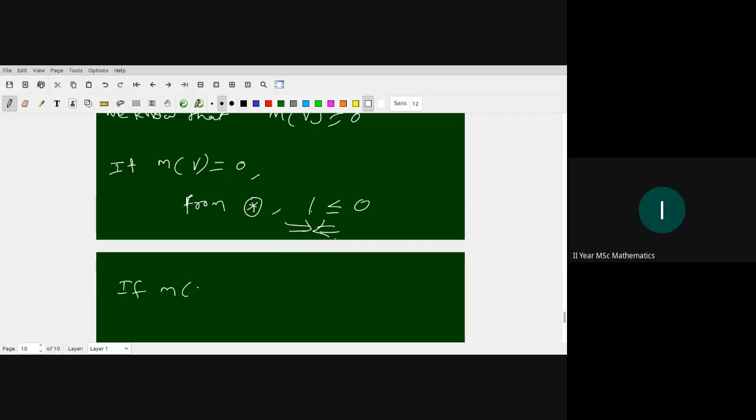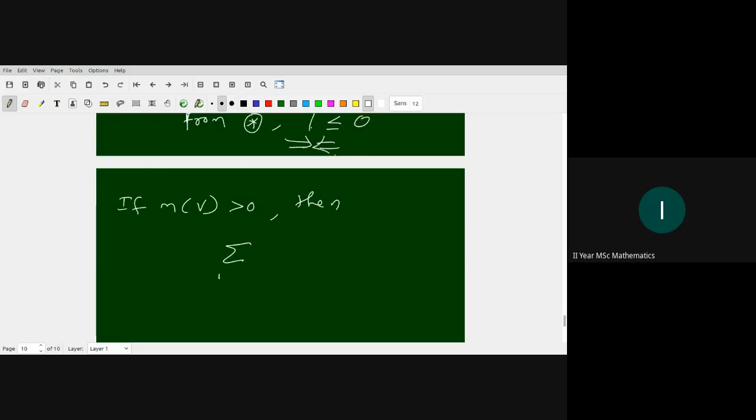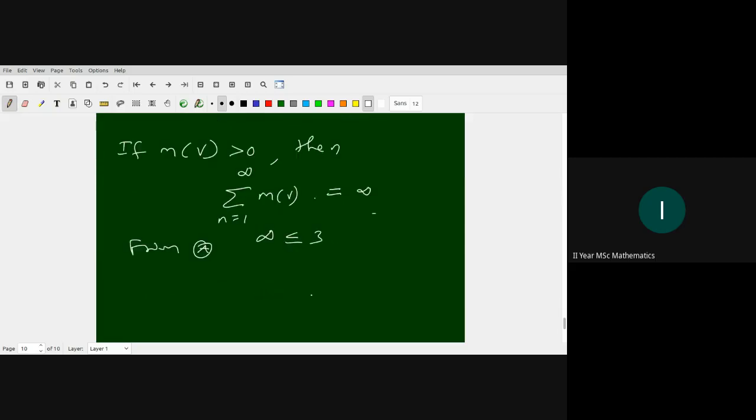If M of B is positive, then what is the summation n from 1 to infinity of M of B? This diverges, right? This is infinity. So from star, this infinity is less than or equal to 3.